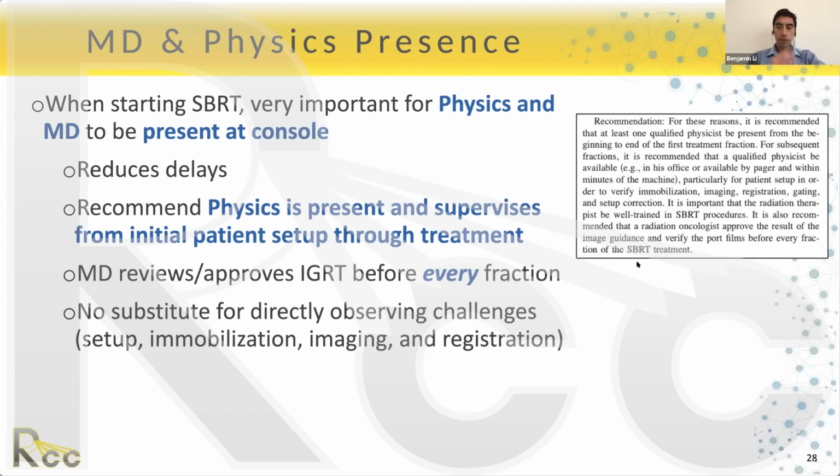And how much shift can be applied without needing to repeat a cone beam CT? This is a question from Ed. That's a good question. Generally speaking, if it's less than a millimeter in any direction, then we don't repeat a cone beam CT. That being said, when we were starting out, I wasn't here at UCSF, but at my previous place, no matter what the shift was, we repeated cone beam at the beginning.